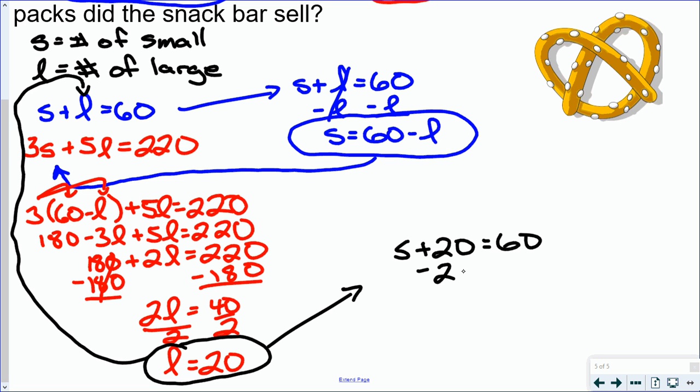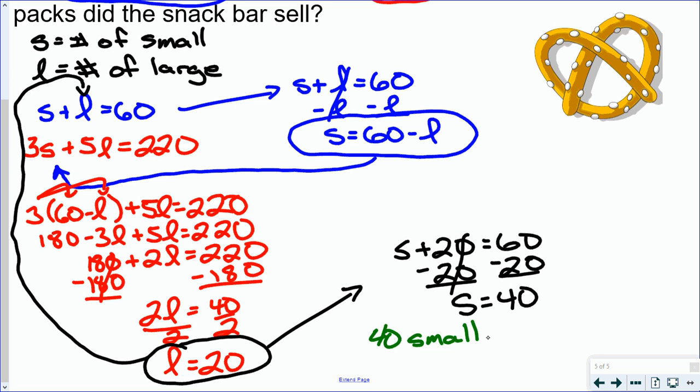Subtract 20 from both sides. So S equals 40. So the answer is that I sold 40 small snack packs and 20 large snack packs.